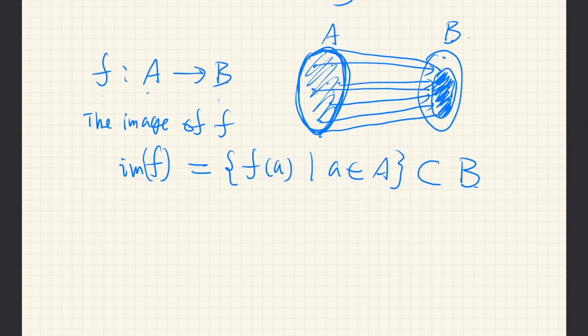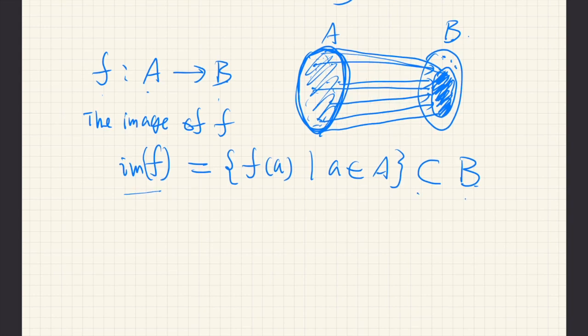All we say is that every element of A has some corresponding element in B. Therefore, there may be some elements in B that do not correspond to any of the elements in A. In that case, the image of f becomes a proper subset of B. Of course, sometimes the image of f may match exactly the set B, or codomain, but that is a special case.